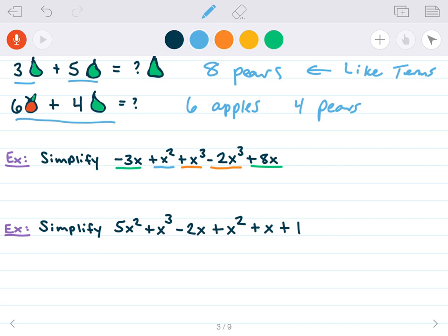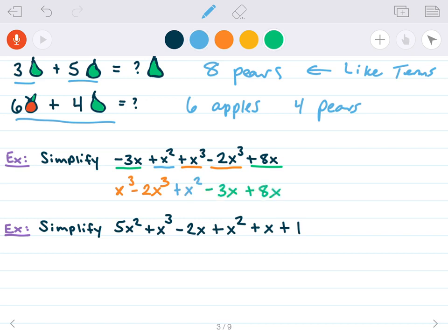Now what I like to do is I like to start with the highest power, and I like to just rearrange so that my like terms are next to each other. So I'm going to put this positive x to the third minus 2x to the third in the front, followed by the positive x squared, then the minus 3x, and then the positive 8x.